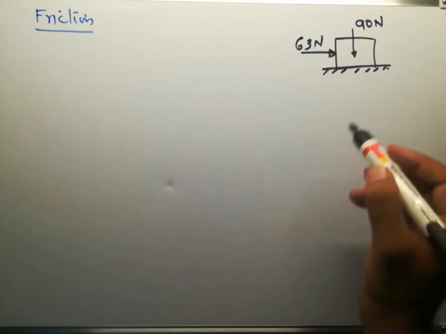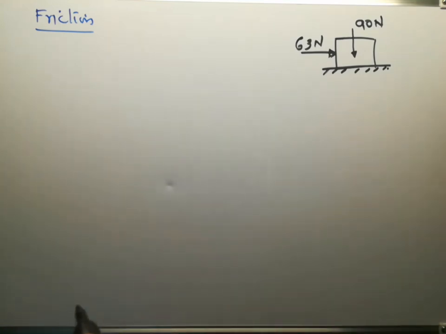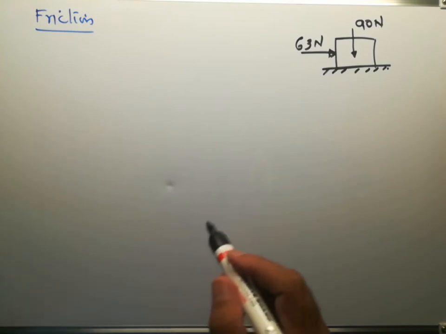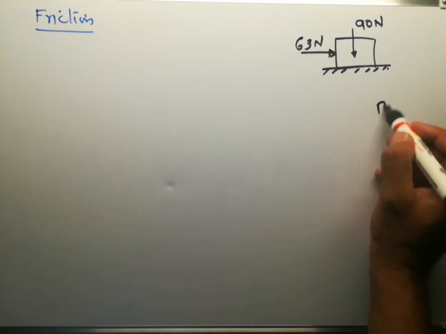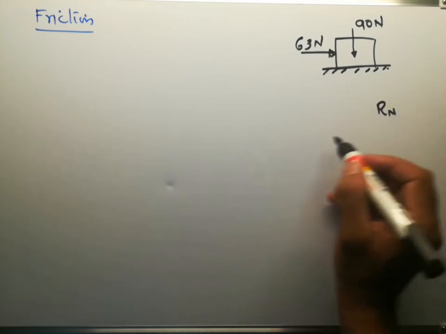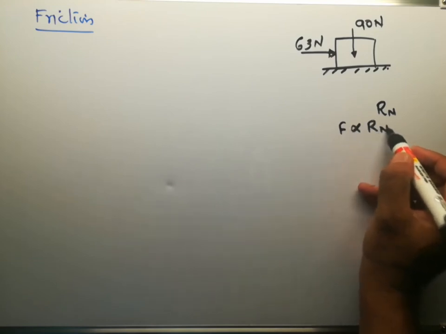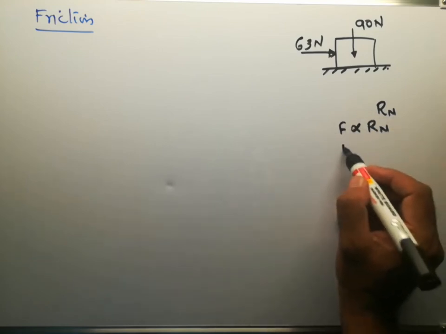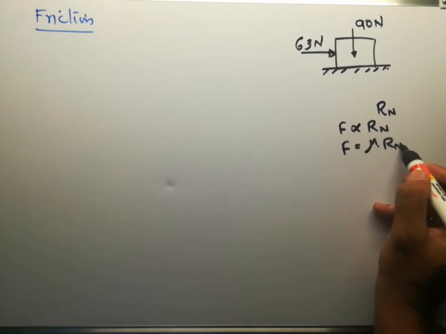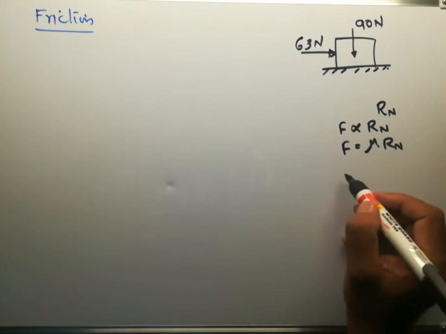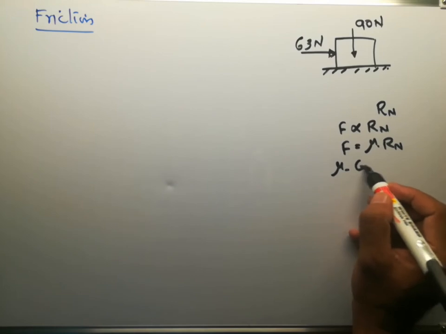We know that the limiting friction, that is the maximum frictional force, bears a constant ratio with the normal reaction. If Rn is the normal reaction, the limiting friction F is proportional to Rn, or this can be written as F equal to mu into Rn, where mu is called the coefficient of friction.